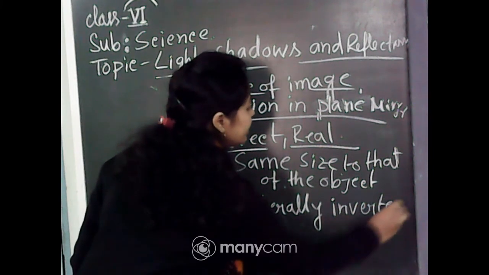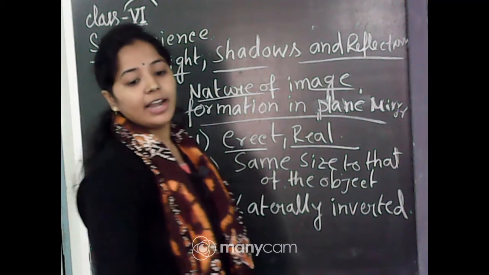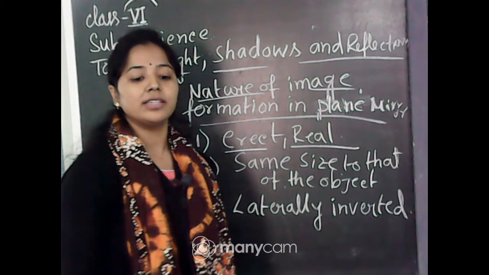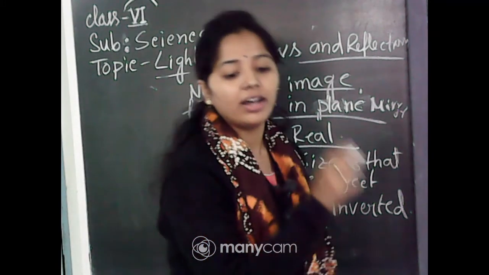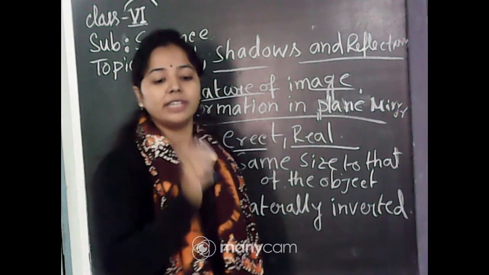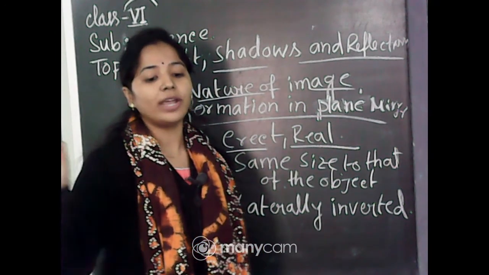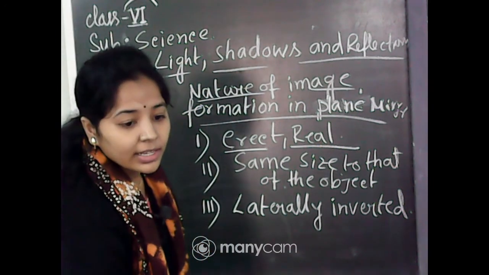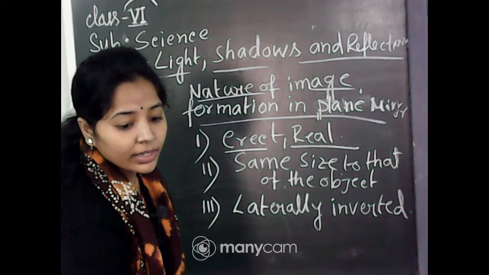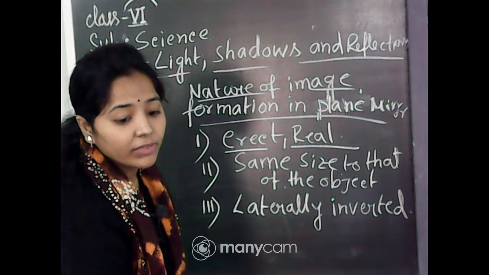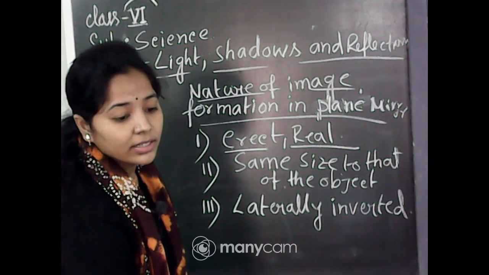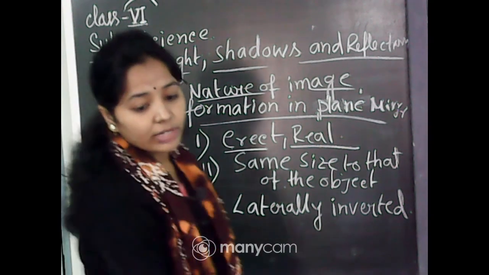Now, what is this laterally inverted? Laterally inverted means that the right side of an object appears like the left side of the image. Okay, this is known as the laterally inverted image. Yes, due to a technical issue it happened.